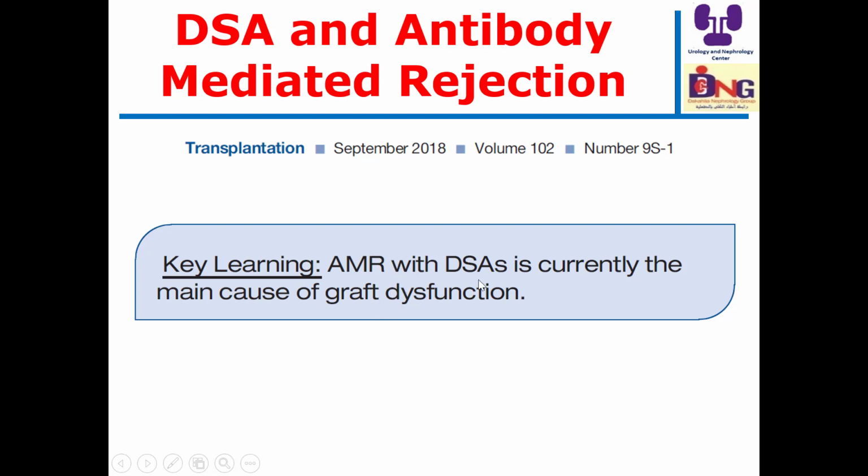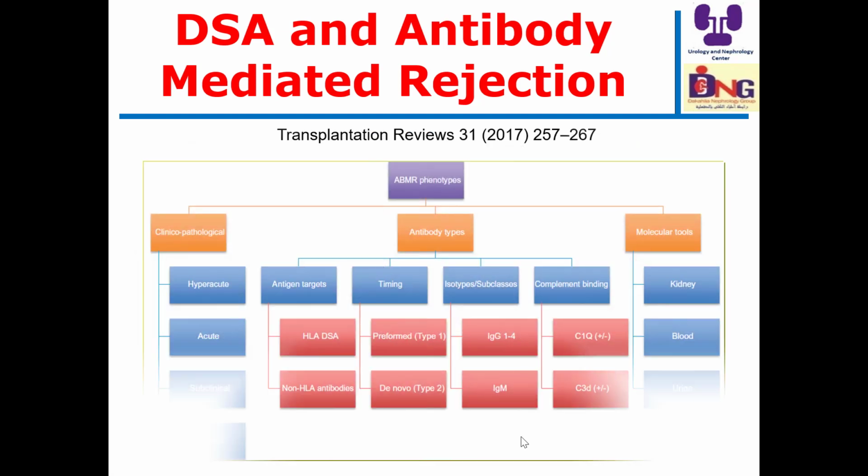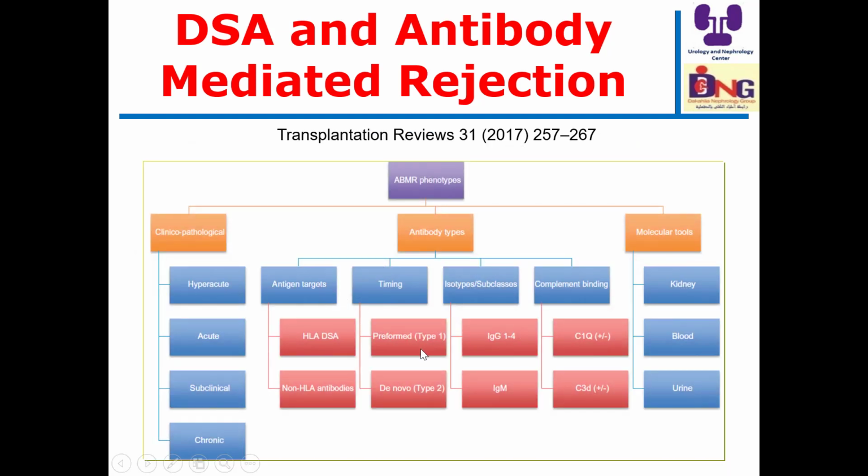Antibody-mediated rejection with donor-specific antibody is currently the main cause of graft dysfunction, and this is why if the patient has preformed, this means anti-HLA antibody, donor-specific, present before transplantation, preformed, or de novo, here this is the preformed, and here the de novo newly formed after transplantation.